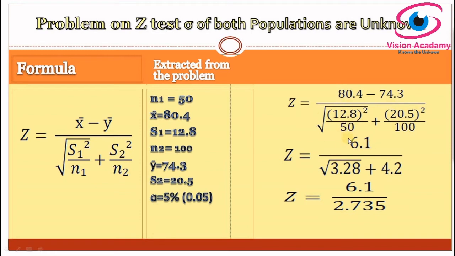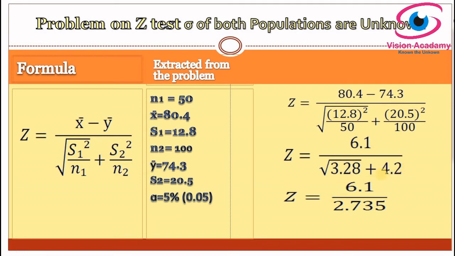Now I will simplify the problem. 80.4 minus 74.3, if you subtract, it will be 6.1. In the denominator, 12.8 into 12.8 divided by 50, we will get 3.28, and 20.5 into 20.5 divided by 100, we will get 4.2.